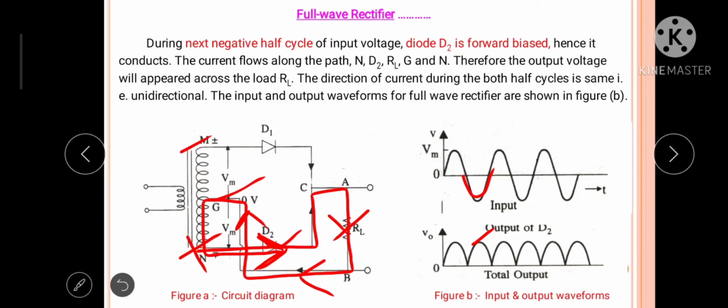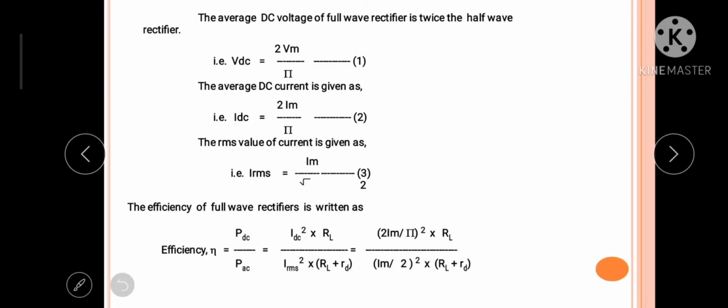The input and output waveforms for full wave rectifier are shown in figure B. The average DC voltage of full wave rectifier is twice that of the half wave rectifier. That is, the average DC voltage VDC equals twice Vm upon pi. Let's take this as equation 1.